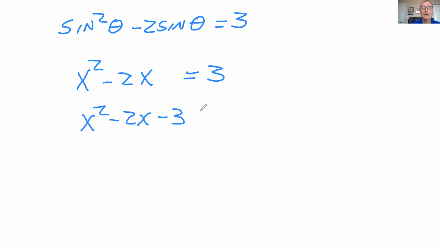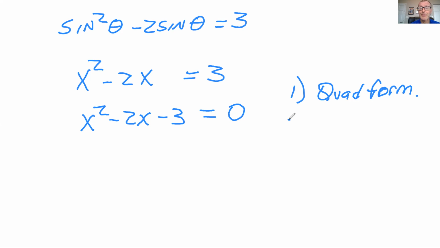So we'll bring the 3 to the other side. There was a variety of different ways to solve this. One, and the most important way, was the quadratic formula, right? You could plug into the quadratic formula and get the 2 roots. They could be real, they could be complex.